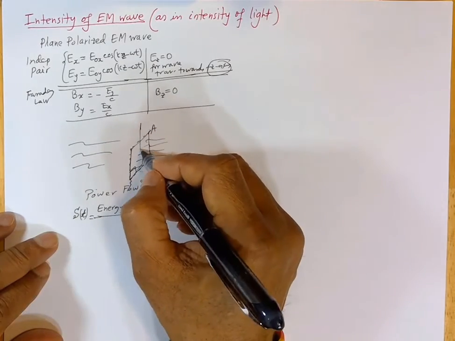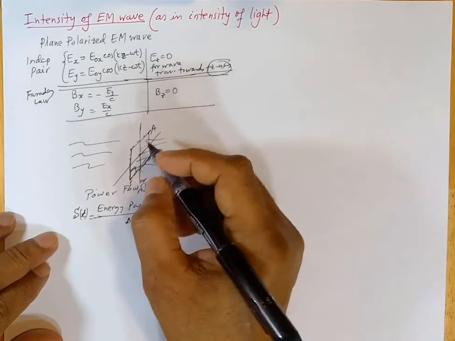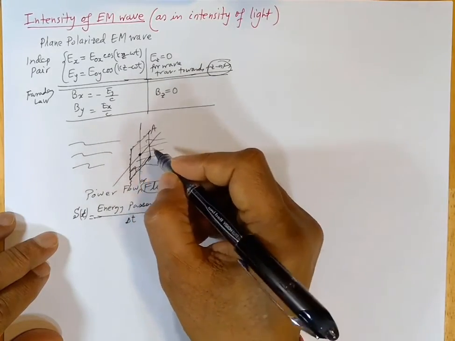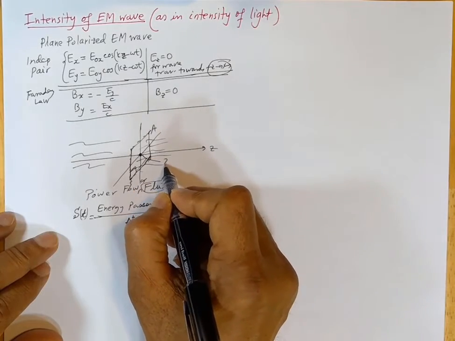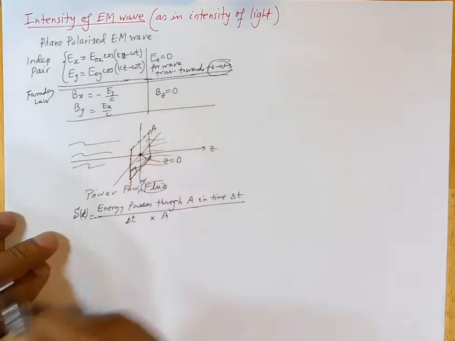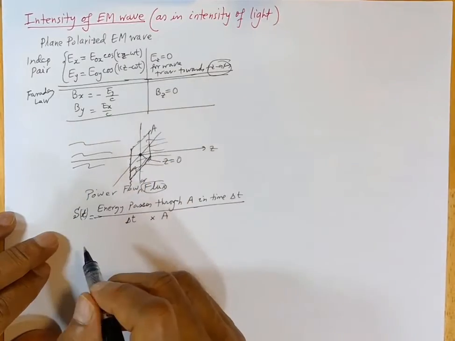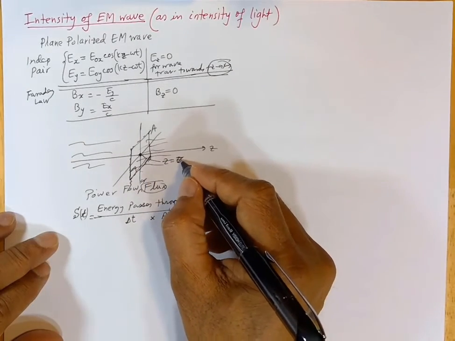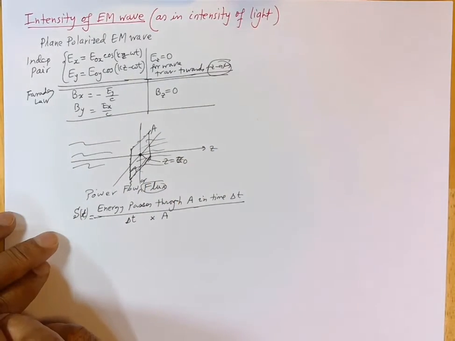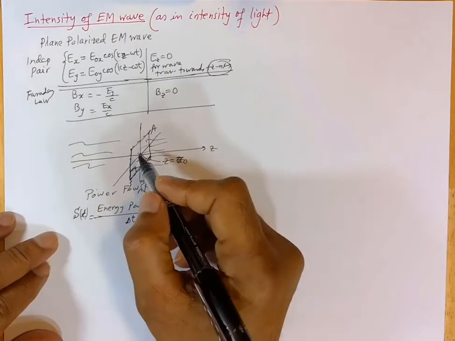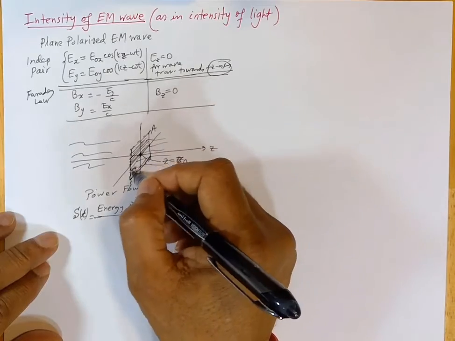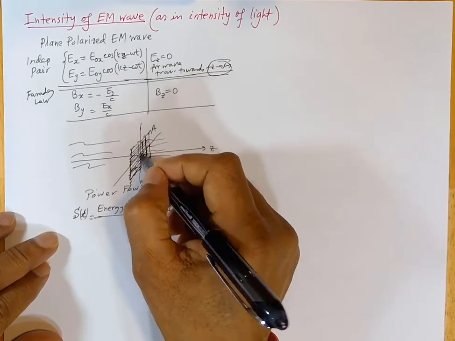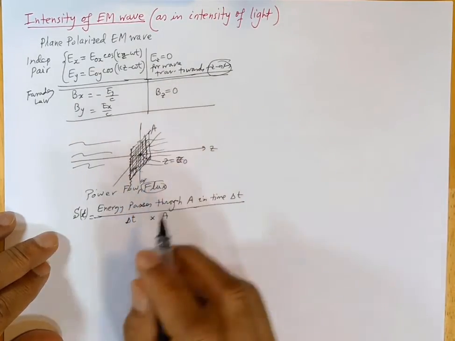Say this screen is located, if you look at the z-axis, at z equal to 0, or some arbitrary z equal to z0. The wave will have some electric field and magnetic field values here, and I need to add up the energies at different points.